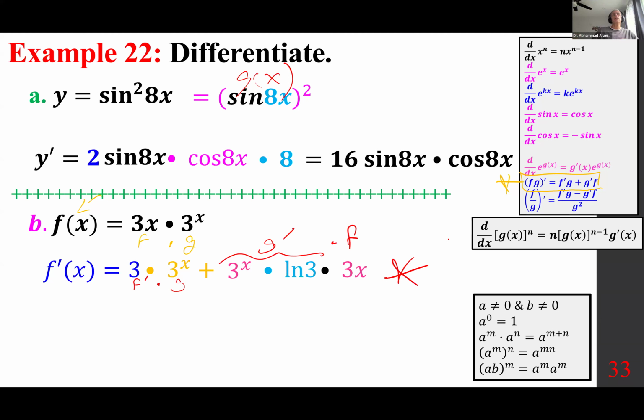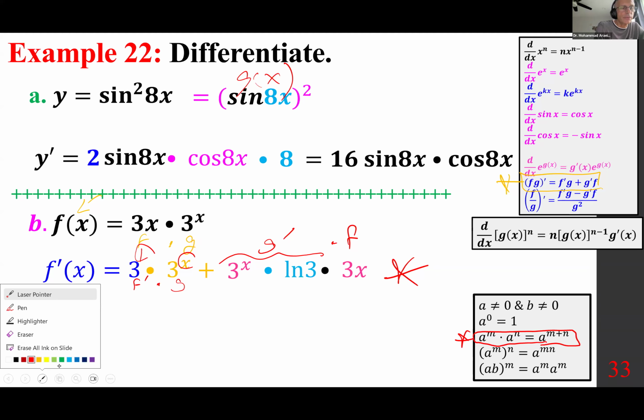Now we are going to go with our algebraic techniques to simplify this. To do so, notice this 3 has exponent 1, and they add up using the product rule of exponentials. So 3 to the power of 1 plus x, or x plus 1, makes no difference.